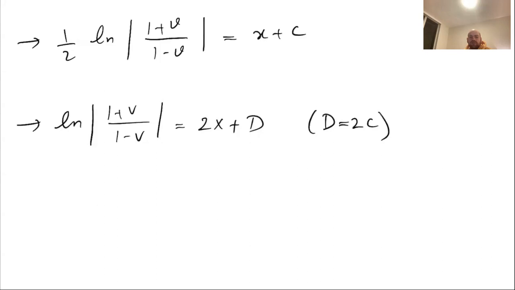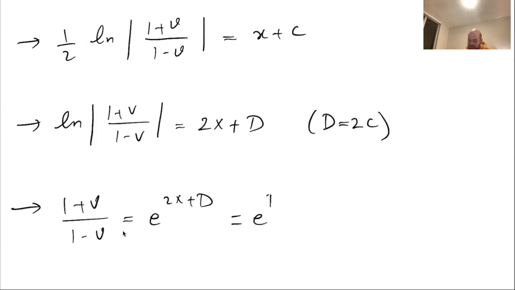And then we need to find v here. So 1 plus v divided by 1 minus v will be e to power 2x plus d, which is going to be e to power d times e to power 2x.